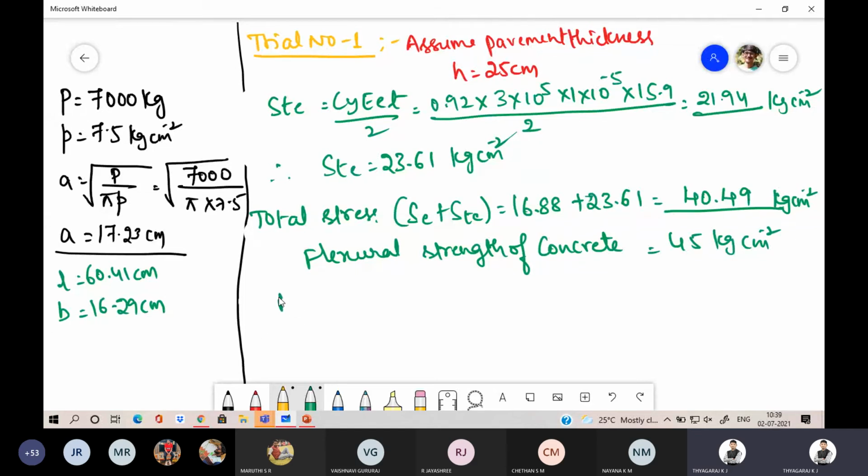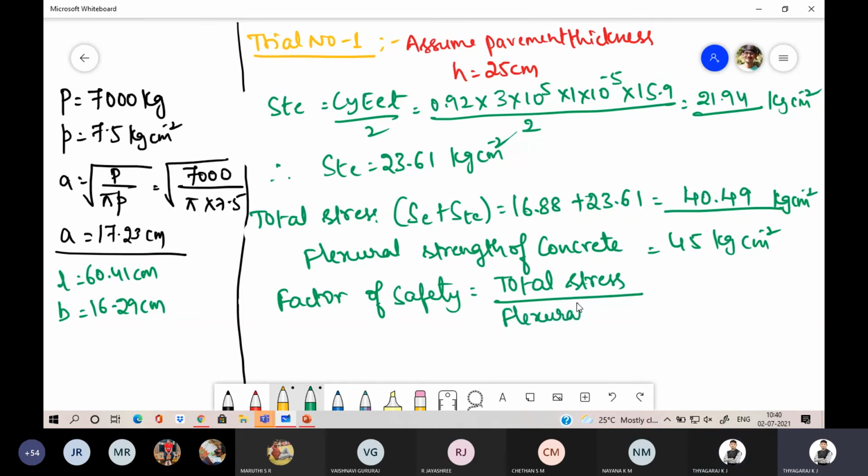Now calculate factor of safety. Factor of safety is equal to total stress divided by flexural strength of CC. So 40.49 divided by 45. Check how much you are going to get. Sorry, it is reverse.